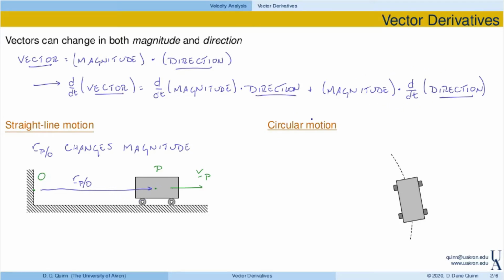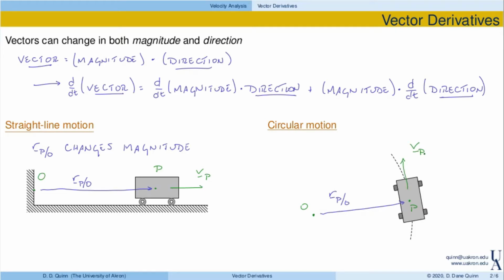Now, in contrast, if I have what we would refer to as circular motion, right, so maybe I've got a point O here, and say a point P, maybe this is on a cart, then the vector from O to P would be like so, and the velocity would be in the direction of motion of the cart.